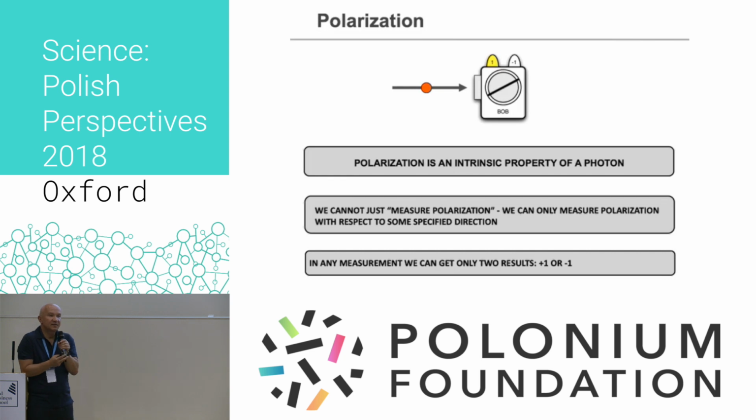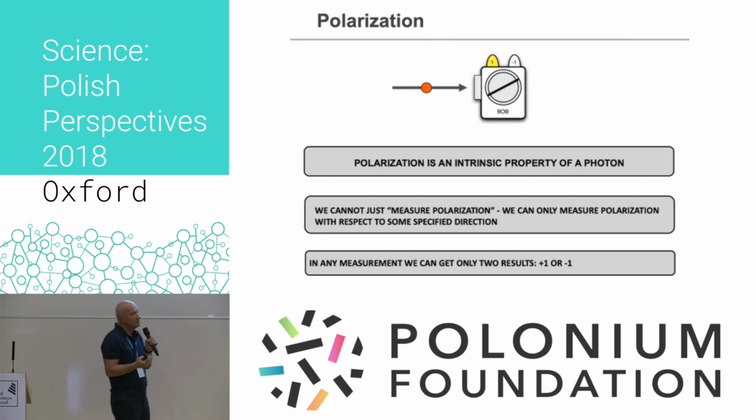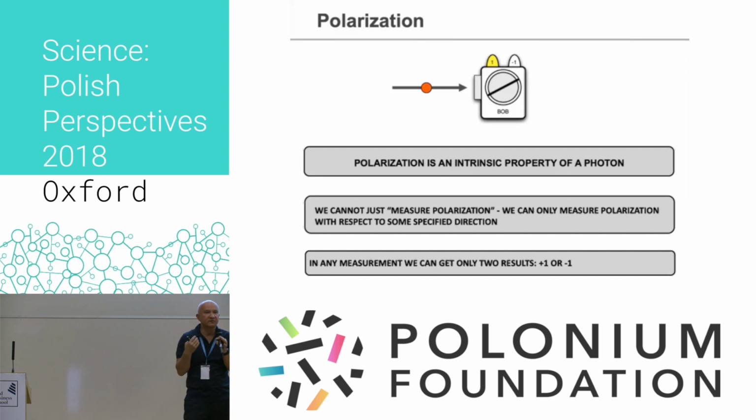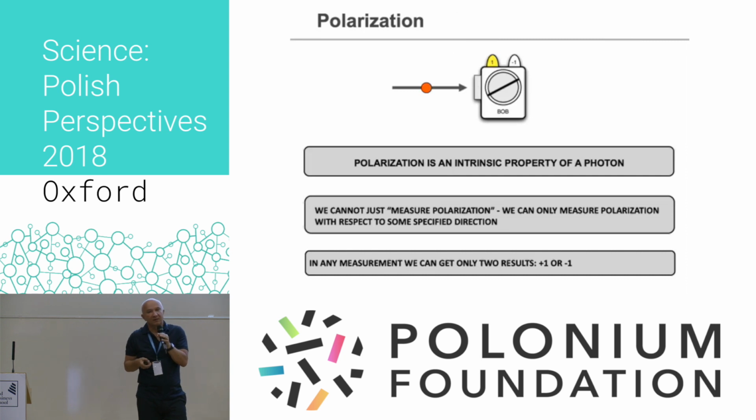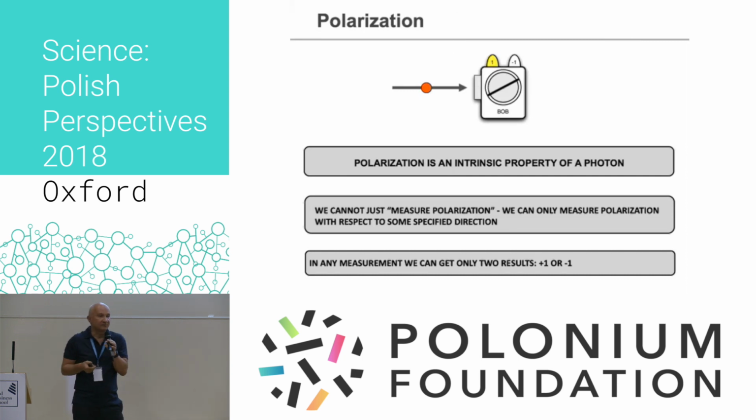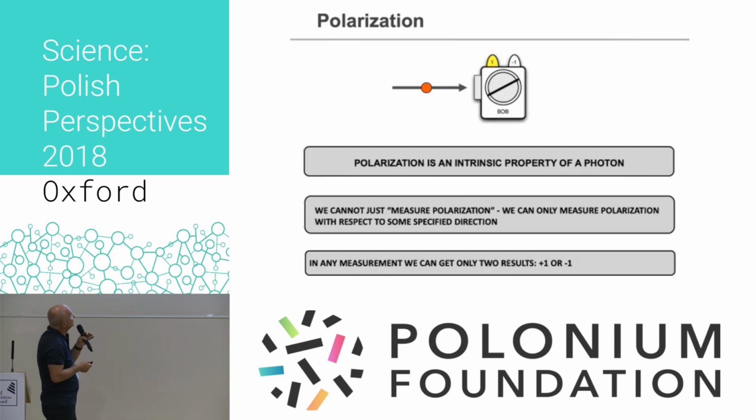For any given direction we have a measuring device that can measure polarization, and our classical intuition basically tells us that the polarization was there, and the measurement reveals a pre-existing value of this polarization. It's already there, and the measurement is not creating this value in any way, but just allows you to reveal what it was before it actually entered this device.